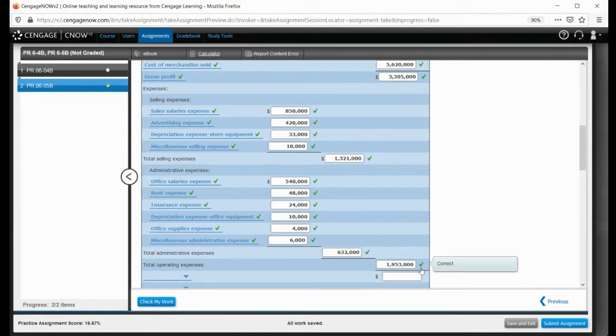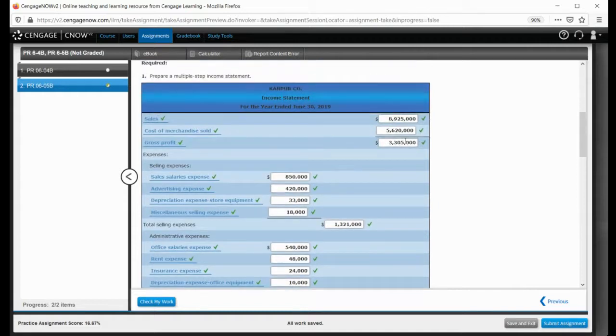And once you have your total operating expenses, these are deducted from your gross profit. Remember, your gross profit was your remaining amount after you've deducted your cost of goods sold. That gave you the gross profit. This gross profit leaves you the profit to cover your operating expenses.